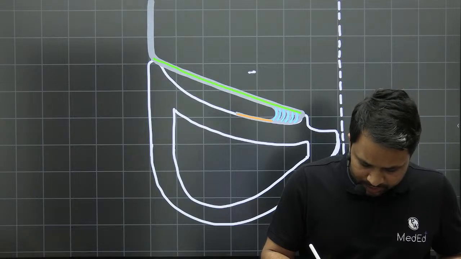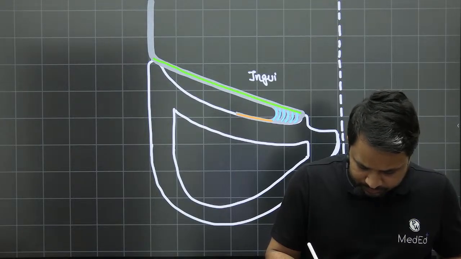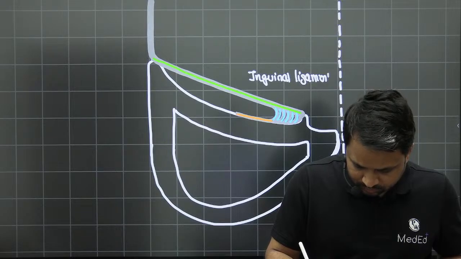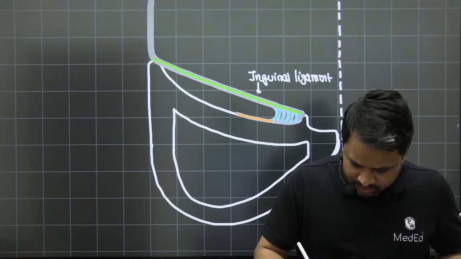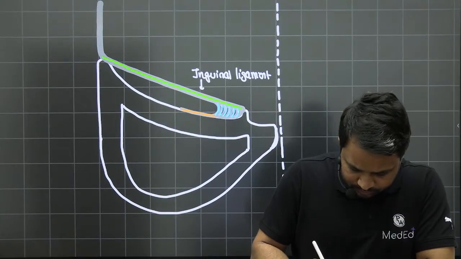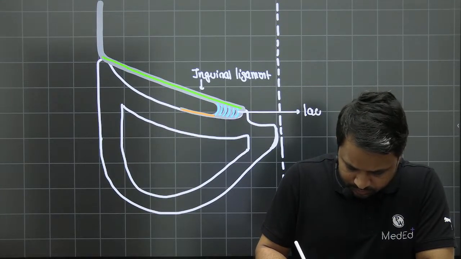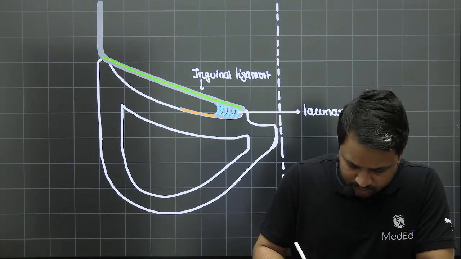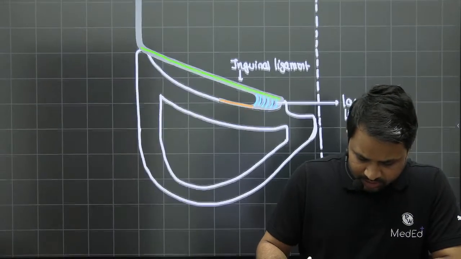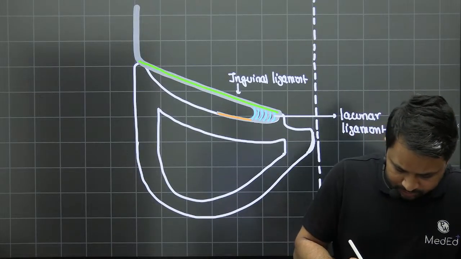This is your inguinal ligament. This is the lacunar ligament. And this is your Cooper's ligament.